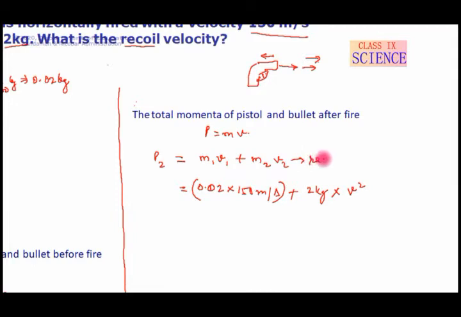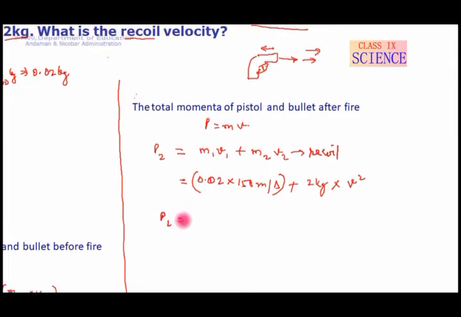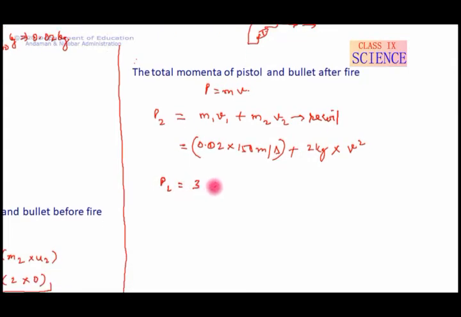This is the recoil velocity which we need to find. Solving this equation, on multiplying we get P2 equal to 3 plus 2v. Here 3 plus 2v is the total momentum of pistol and bullet after firing.